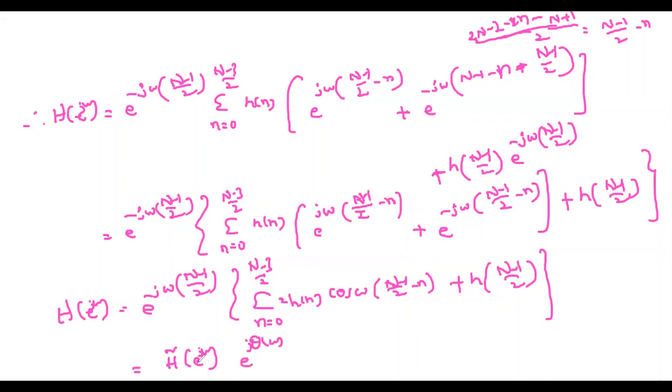If you compare this with this one, therefore what we can get, this total is equal to Ĥ(e^jω), and this is equal to this part.